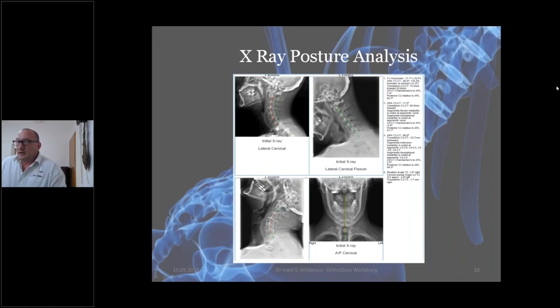Is there a deviation from the normal range of motion? Is there maybe a lateral deviation? Is there AP deviation? All this can be depicted on a report, which we give our patients so that they can see what is going on with their body.